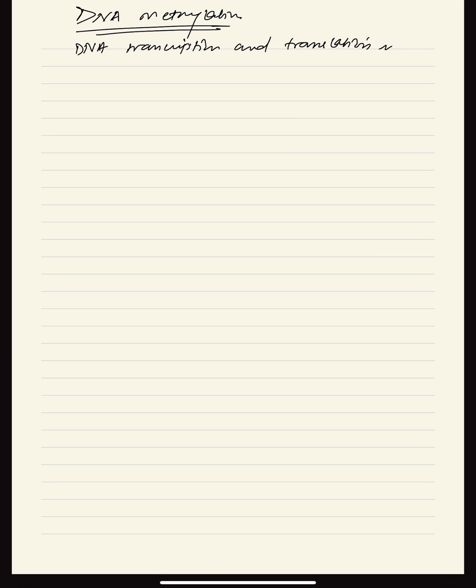Now we're going to further go with DNA methylation. Maybe we will be covering half of it. DNA methylation. Now DNA transcription and translation is highly preserved.